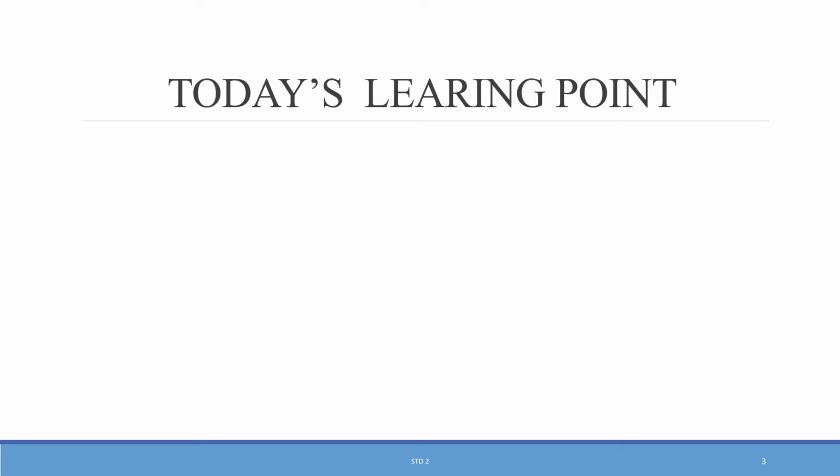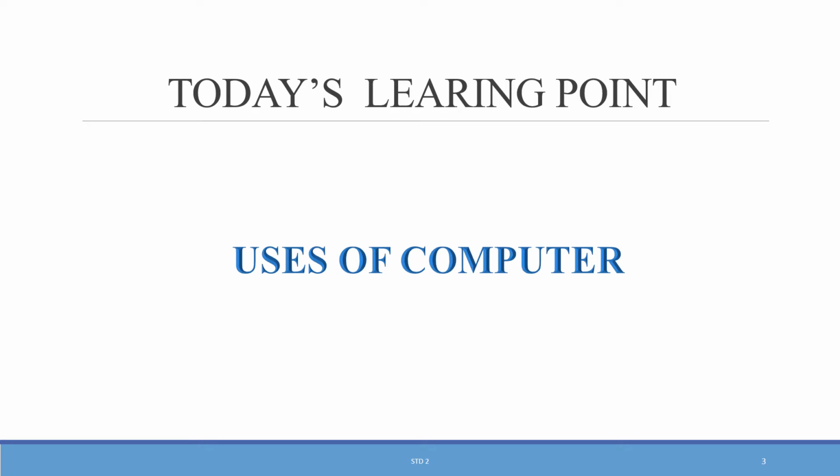So today's learning point, what we learn in the second lesson, is the uses of a computer. This is also the second chapter name. We learn where different places computers are used and what different uses of a computer we currently use.